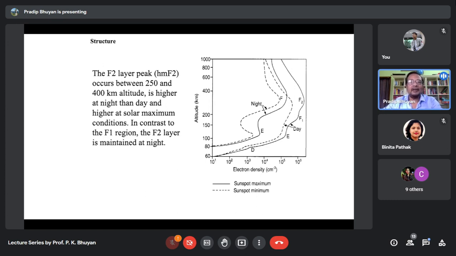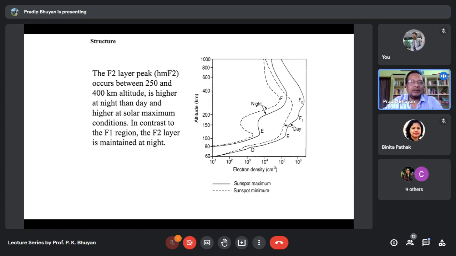Again, these layers do not exist all throughout. If you have a 24-hour observation, your layers will disappear after sunset, though not exactly just after sunset; some recombination process is still going on.